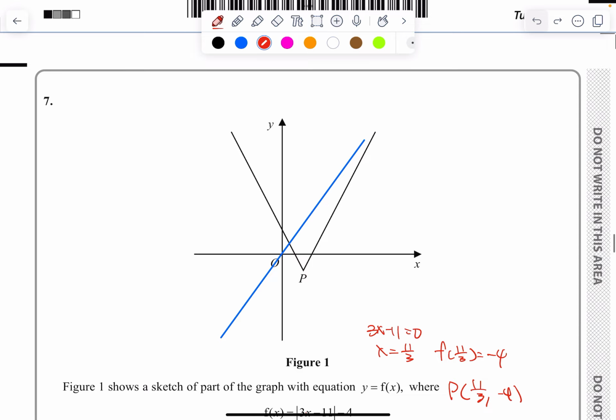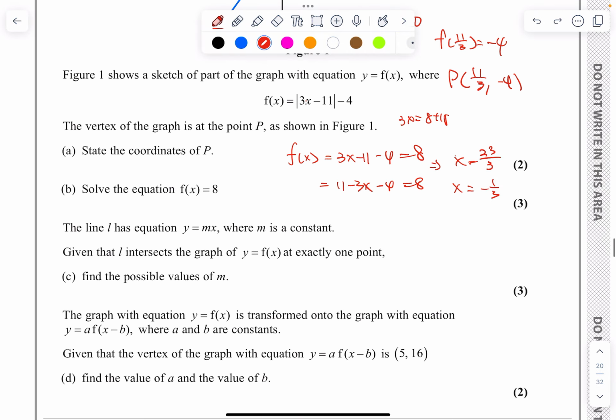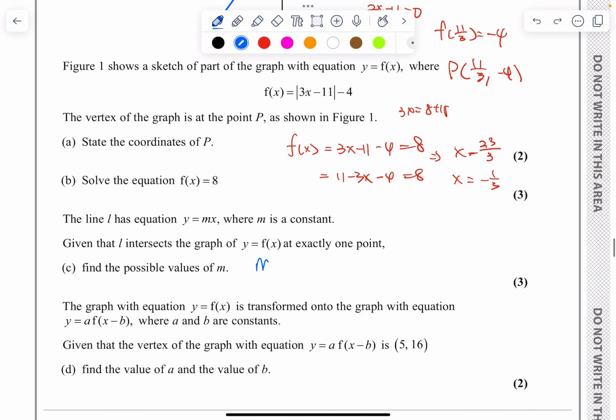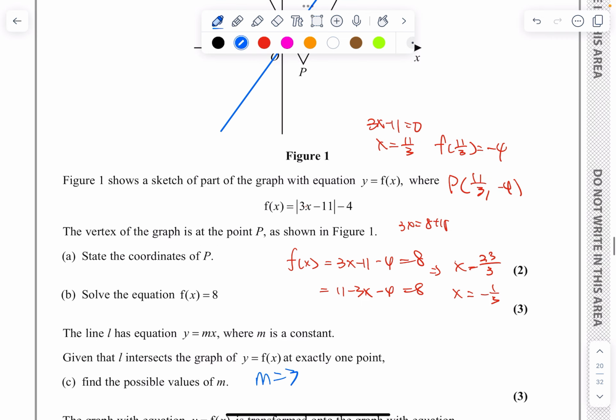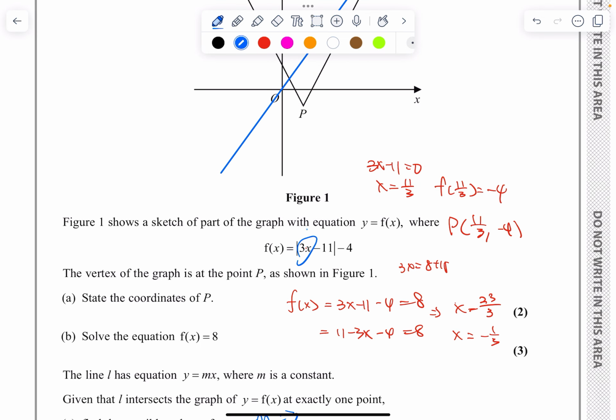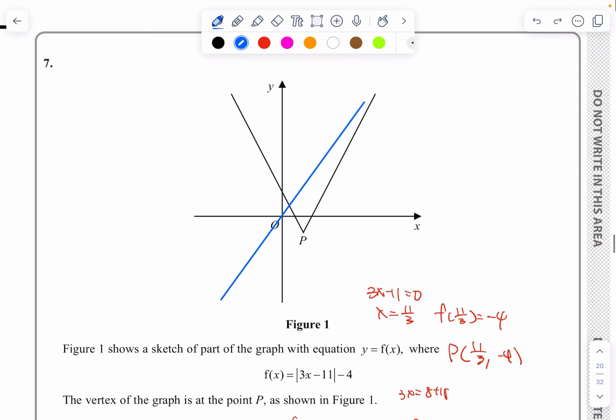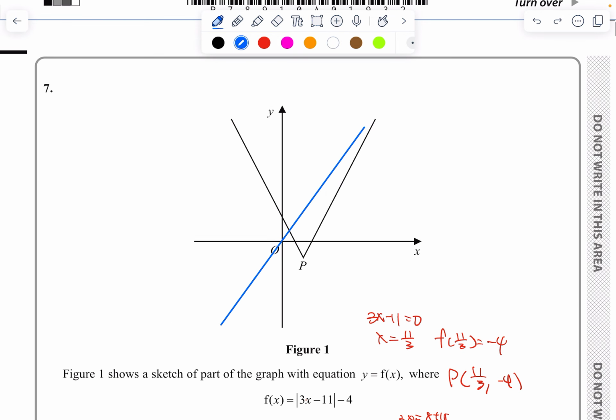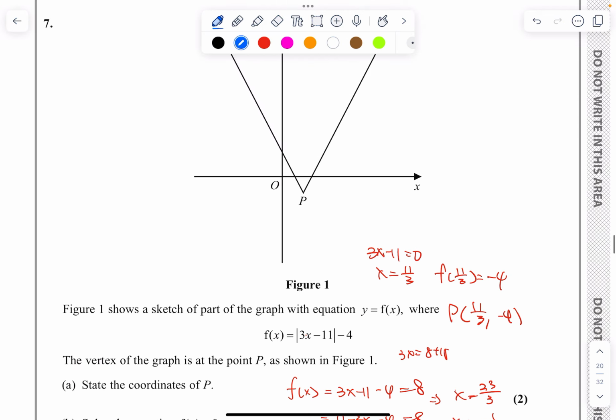So that means m equals 3 is one of the solutions, because 3 is already given here. If we have the gradient the same as this absolute function, that means it is literally parallel like this. Okay, that's not really parallel, but you get the point. We have to have the same slope.